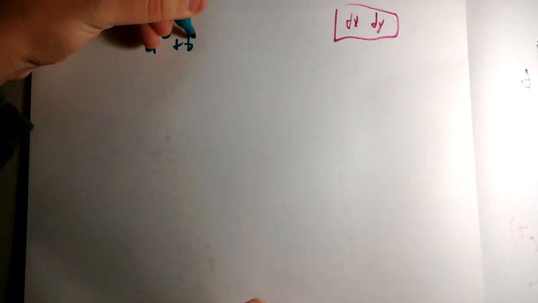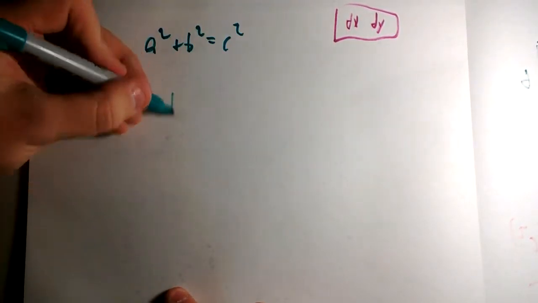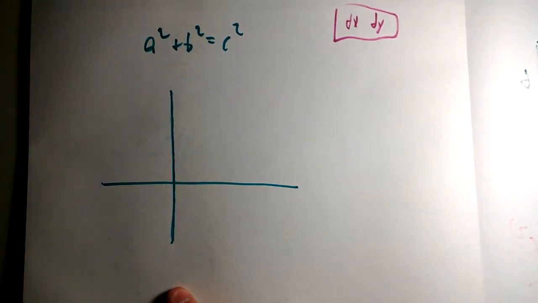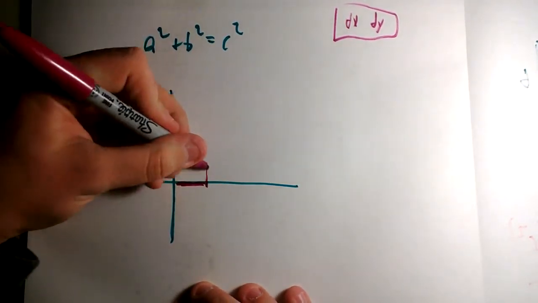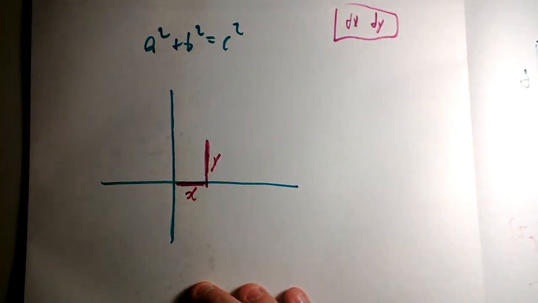But what does a squared plus b squared tell us? If we have a distance, this is very helpful for the standard graphing system. If you have a distance here, let's mark it in purple, and then you go a distance up. That's how you label points. You'd have an x distance here and a y distance here.